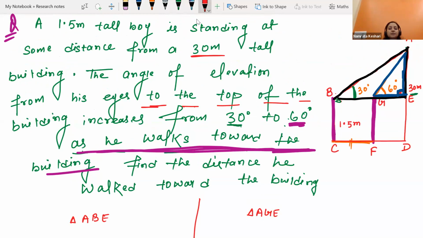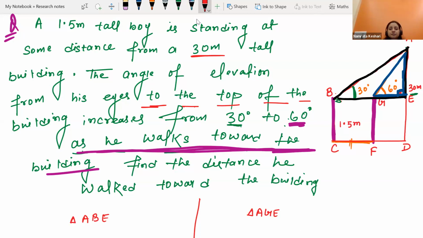BE, because what exactly is the distance the boy is covering? For that we need to see this. In this complete triangle ABE, what can we find? We can focus on finding BE.